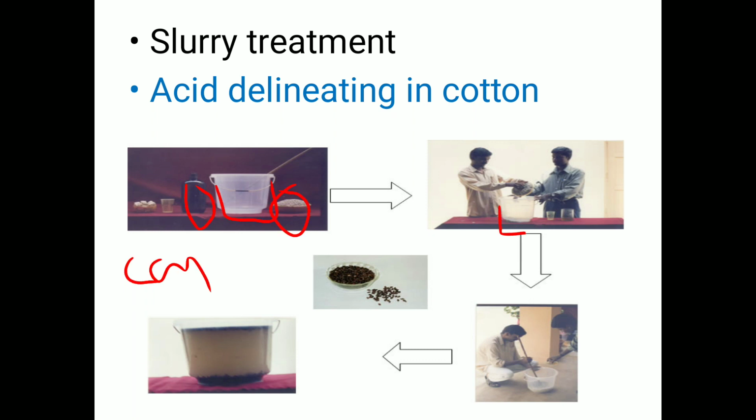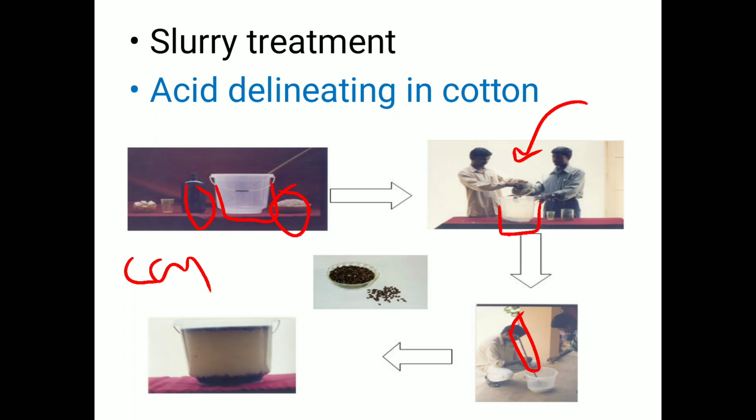So simply, in 1000 ml of water, we add 100 ml of concentrated H2SO4. Then with the help of a wooden material, we thoroughly mix so that the seeds and the H2SO4 solution get mixed in the water.